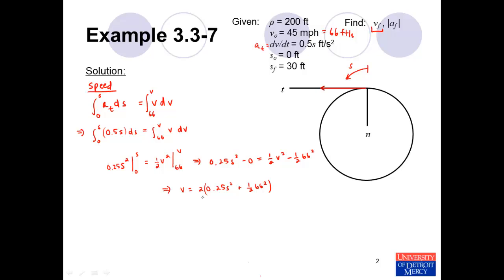And then take the square root of both sides. And that simplifies to the square root of 0.5 s squared plus 66 squared.